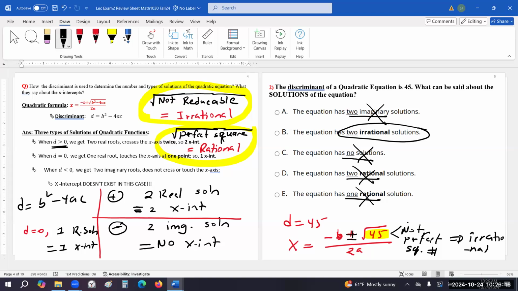Any question? So I'm going to give one of these multiple choice in the exam. Or maybe at least one. It could be one or more because these are interesting.